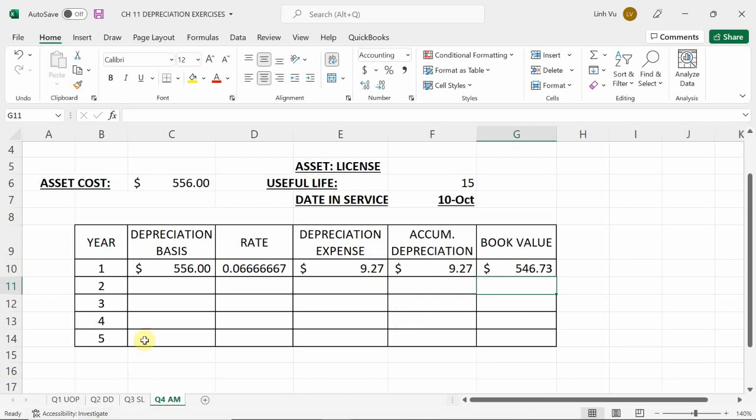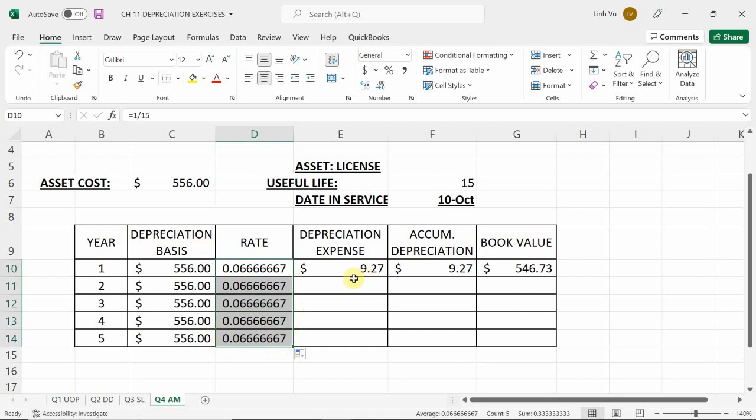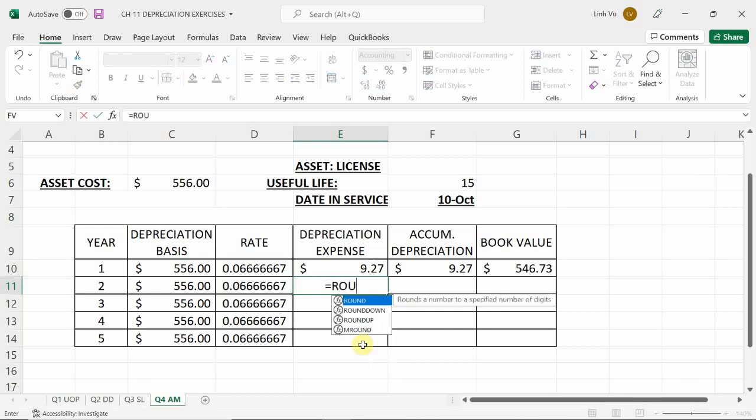Then what's my depreciation basis going to be for year 2, or this amortization basis? 556, right? Because what you're going to notice is it's all going to be the same. What about the rate? It's also the same. What about my depreciation expense for the second year?